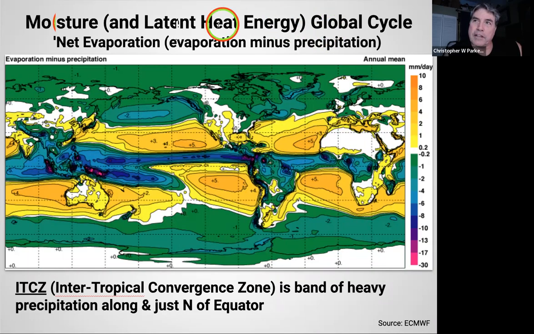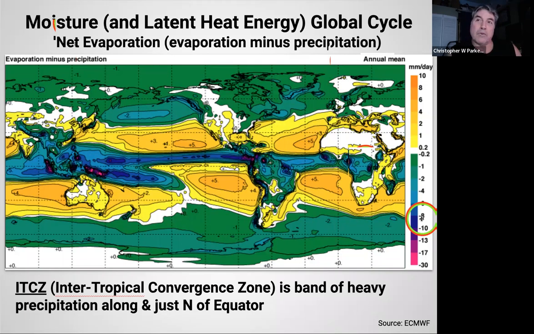This is the global cycle of moisture and net evaporation. So this chart shows us evaporation minus precipitation, and it's the average annual mean around the world. So what does that mean? This is the scale.